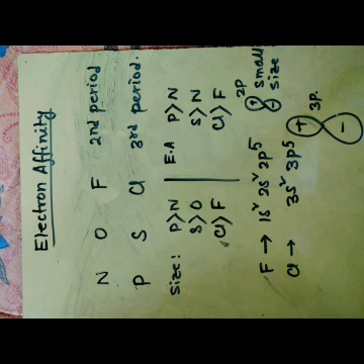Actually, this exception arises due to the size of the valence shell. You know, nitrogen, oxygen and fluorine have a 2p orbital in their valence shell, and phosphorus, sulfur and chlorine have a 3p orbital in their valence shell.